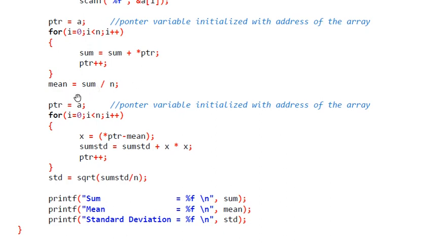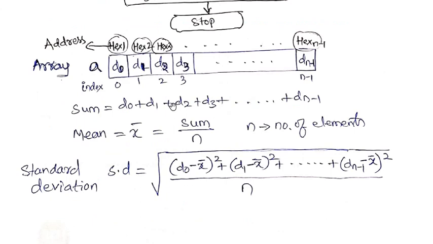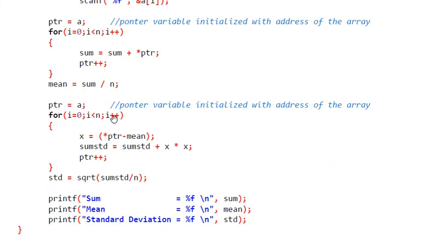Now the first time the looping happened, PTR was addressing this point, then again we will point it back to the initial location. That initial location is A. The name of the array itself is the initial memory location. PTR is equal to A, pointer variable initialized with the address of the array.